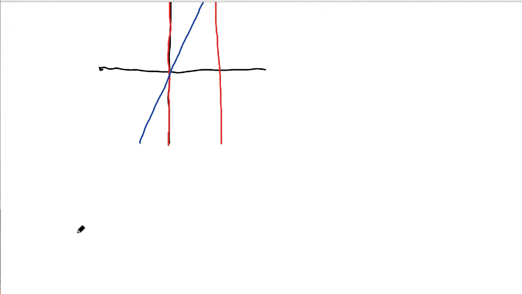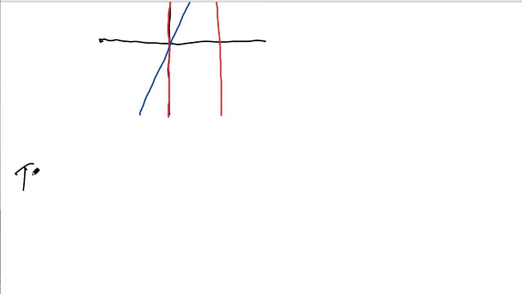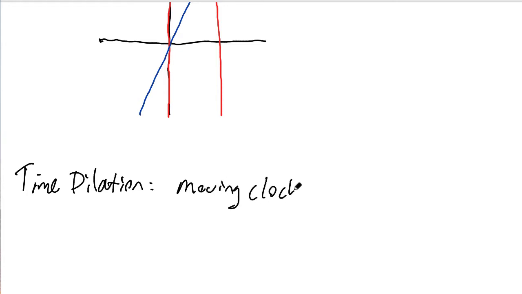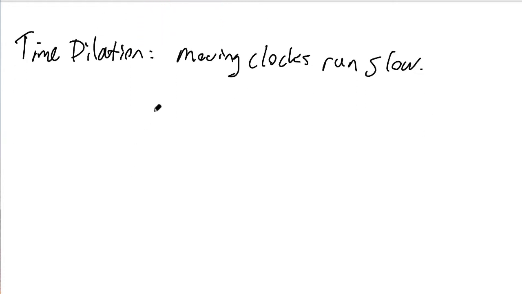Now let's take a look at time dilation. This is the well-known special relativistic effect that moving clocks run slow. All right, we can set up the calculation as follows.